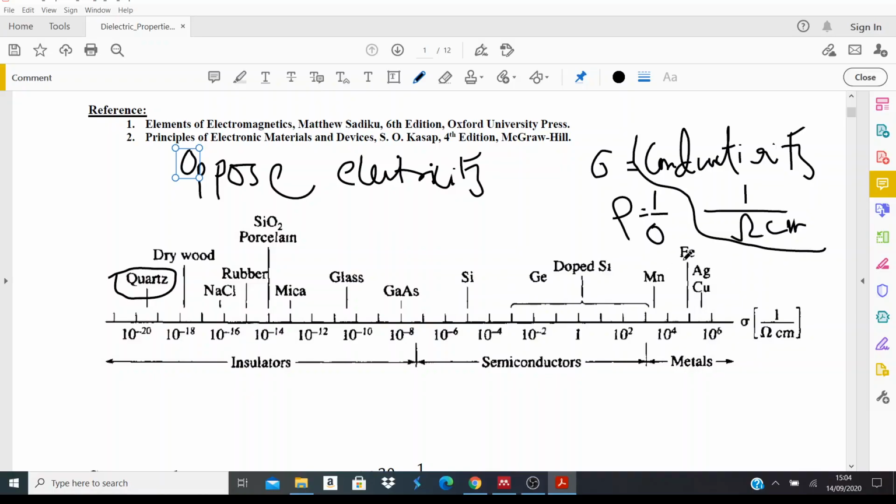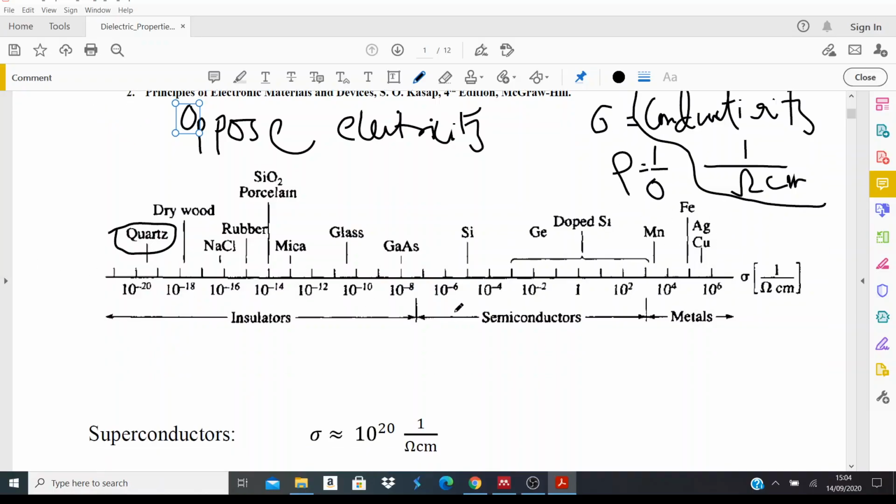You can see in this wide range the conductivity is varying from 10 to the power minus 20 all the way to 10 to the power 6 in 1 by ohm per centimeter unit. Usually this range of materials are known as the insulators or the dielectric materials. Then here are the semiconductors, and then we have the metals, right?